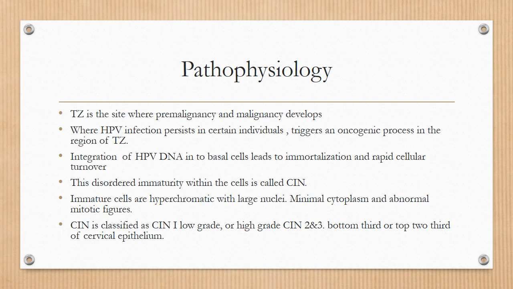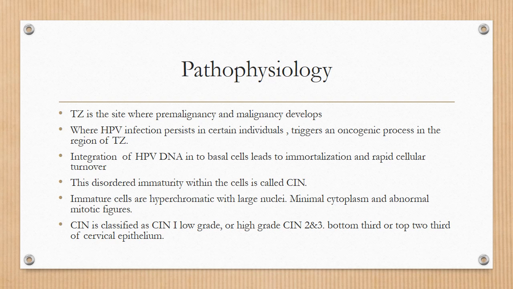This disordered immaturity within the cells is called cervical intraepithelial neoplasia. Immature cells are hyperchromatic with large nuclei, minimal cytoplasm, and abnormal mitotic figures.